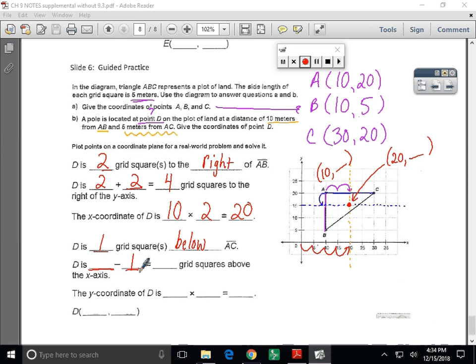So let's figure out our original height here, moving up to this line segment. It's all parallel. Line segment AC is parallel to the 20 on my coordinate plane. So I'm going to use this 20 as kind of my guide. So D is 20 minus 1 equals blank grid squares above the x-axis. It should be 19 grid squares. Oh, sorry, they're talking grid squares, not a distance. That's a bad move on my part.